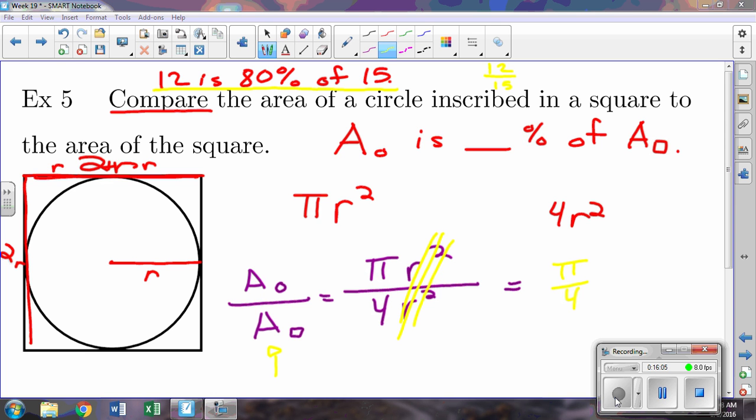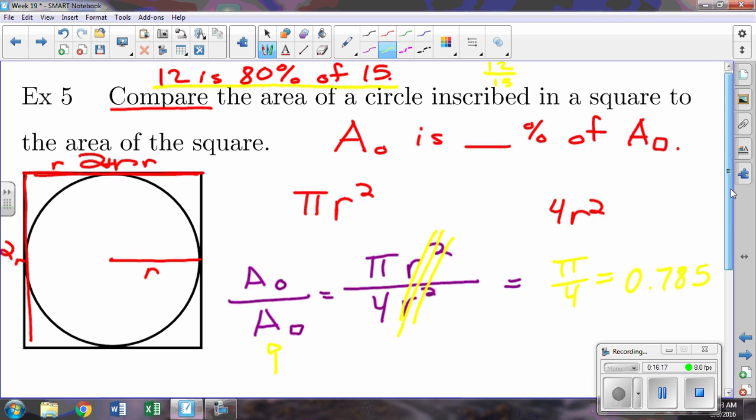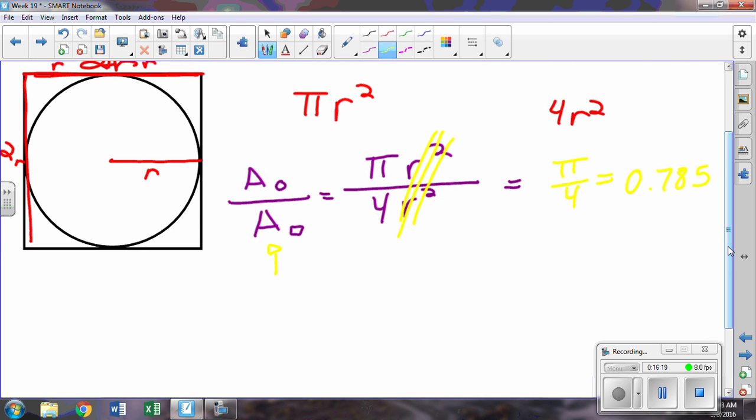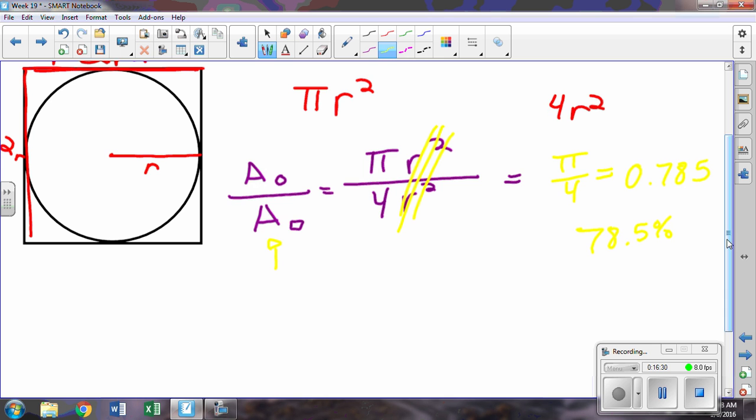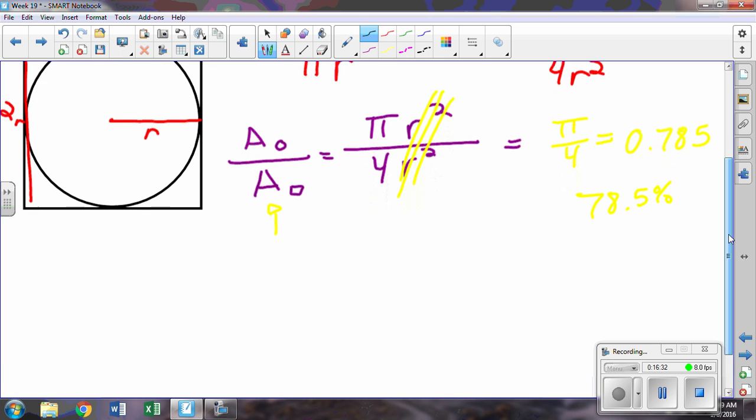Using the pi button on our calculators, not 3.14, dividing that out, we've got 0.785, rounding it to 3 significant digits. So what percent is that? Okay, 78.5%.